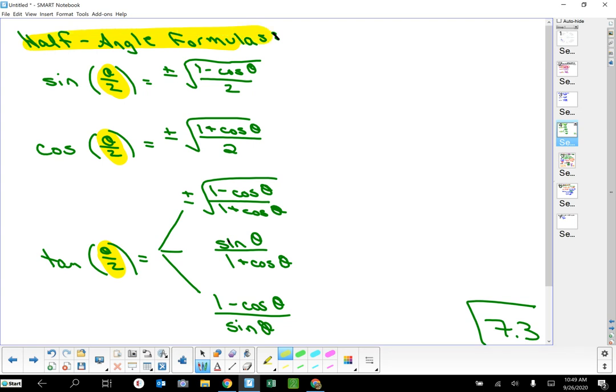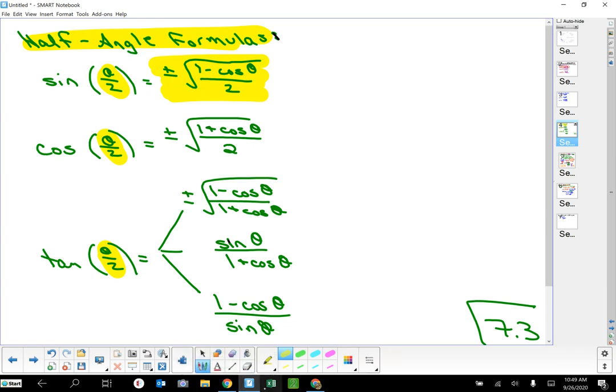And again, if you recall the problem, you could see it on your paper. We're looking for the cosecant, which is the reciprocal of sine, right? So what we're going to do is find the sine and then flip it, and we'll have cosecant. Okay, so I'm going to utilize this formula right here, the root of 1 minus cosine over 2.